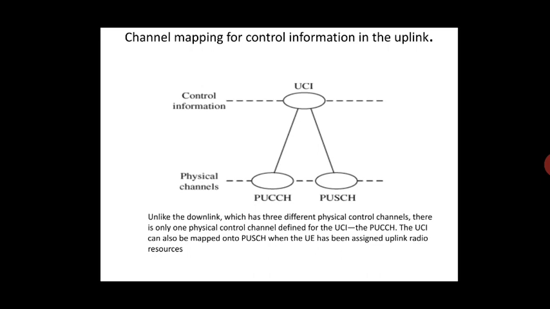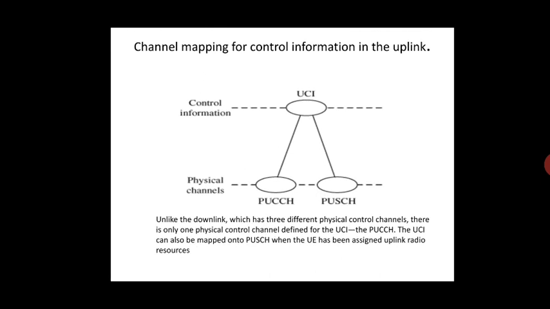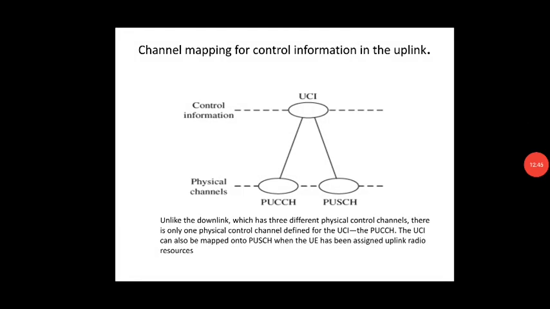The physical layer procedures related to UCI transmission include the CQI and PMI rank indicators. As you can see here, the mapping is from the user entity, which is assigned in the uplink radio direction. Recently we mostly use the CQI, the channel quality indicator. What is the job of this one?